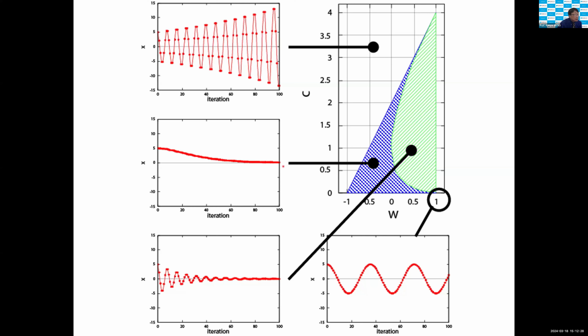Meanwhile, in the green area, the eigenvalues are complex numbers, which means the search point will oscillate as it converges to the fixed point like this.